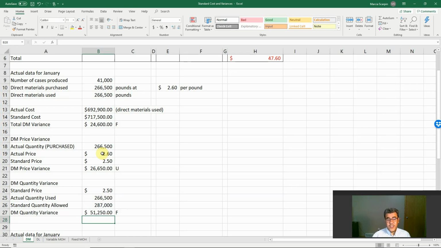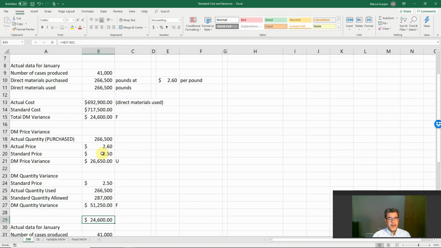How do we know if this one is right? We combine favorable and unfavorable. So favorable less unfavorable must be the total. So here, 51 favorable less unfavorable must be the 24.